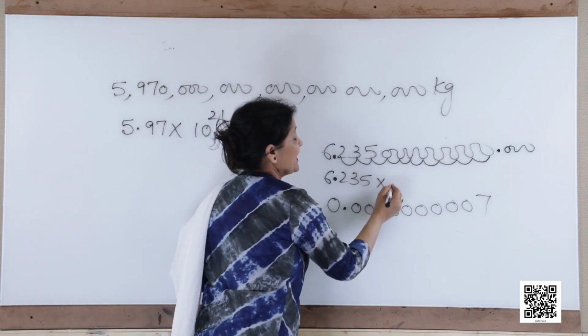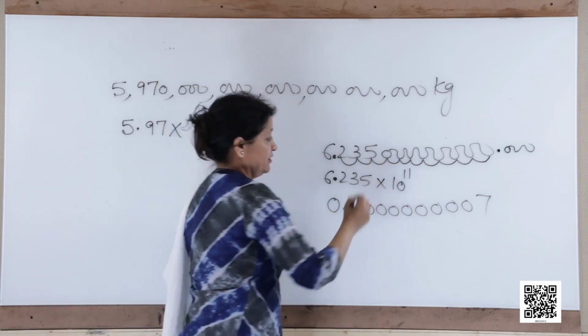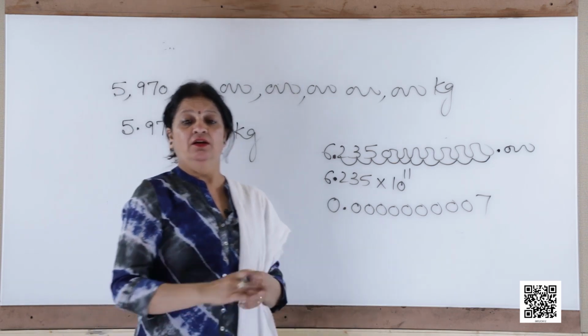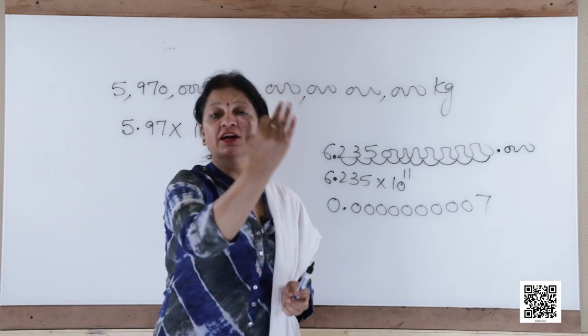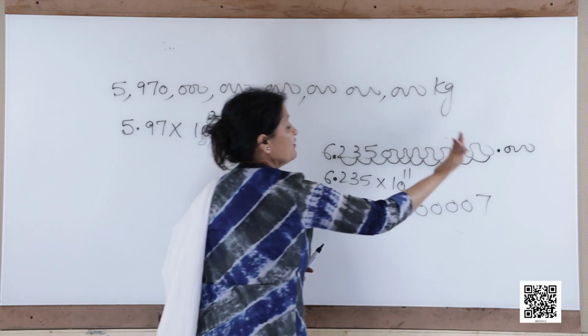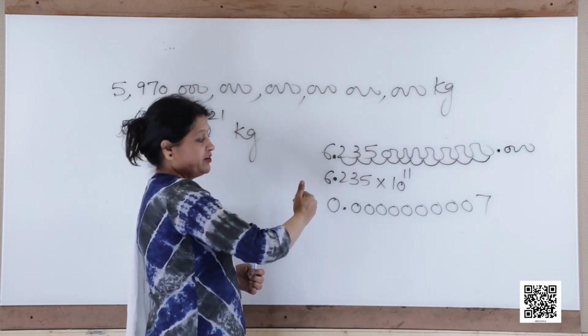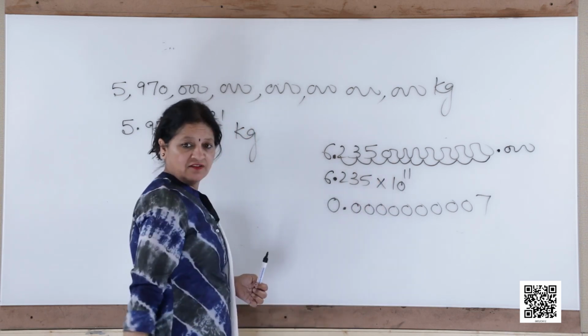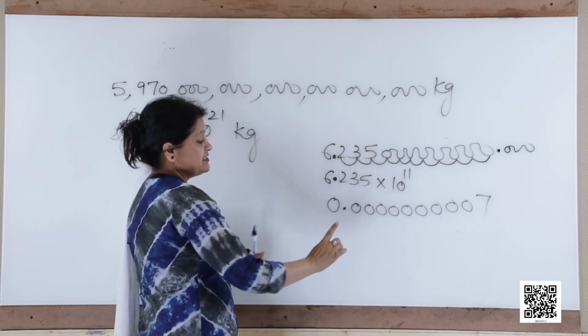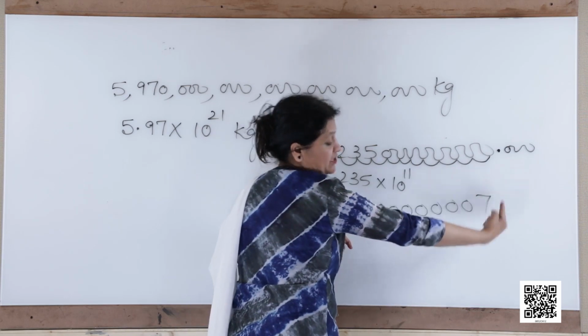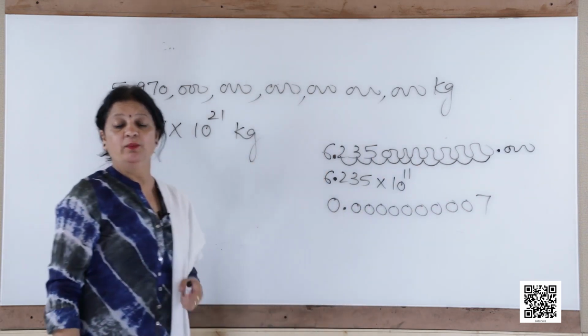So it will be 10 raised to the power 11. If we are shifting the decimal from right to left, your power will be positive. If you are shifting your decimal from left to right, then your power will be negative.